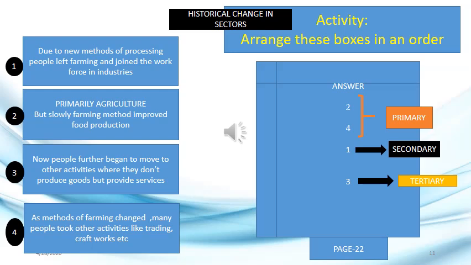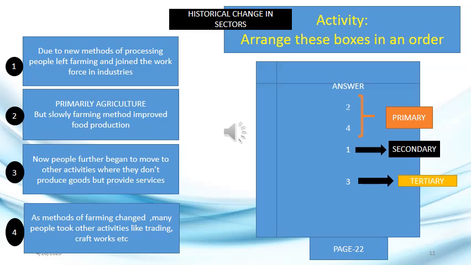After that, box number 1 occupies the third position. As the country progresses in farming, people start to move to the secondary sector, called industries. So that is rank number 3, box number 1. And the last position goes to box number 3.